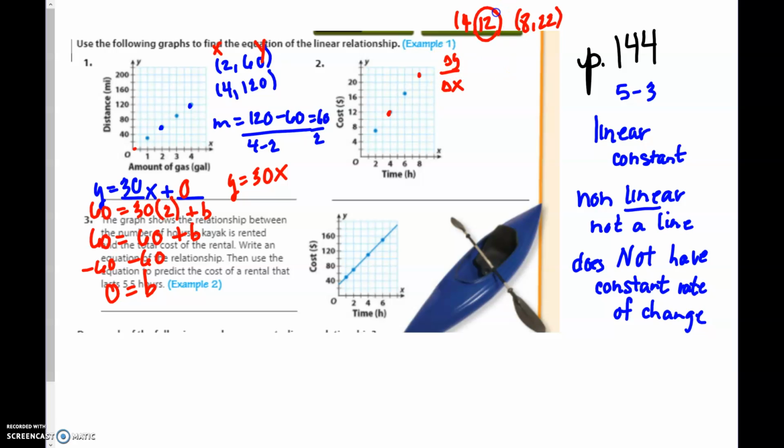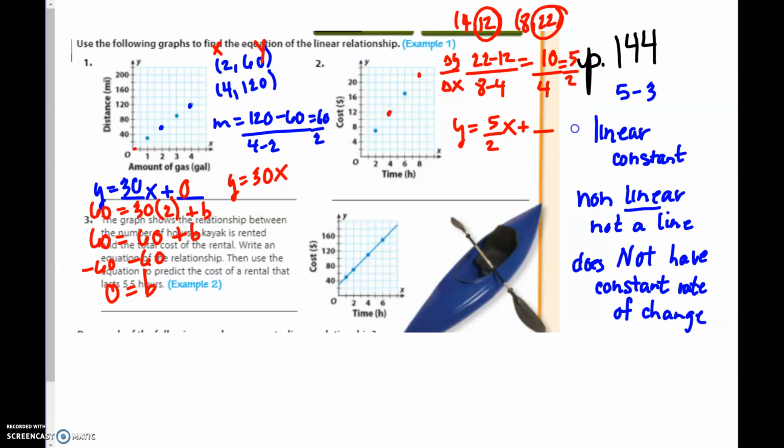My y values are the second numbers. So I'm going to do 22 minus 12 and 8 minus 4. 22 minus 12 is 10, and 8 minus 4 is 4. If I divide that by 2, I get 5 over 2. So I have y equals 5 over 2x.